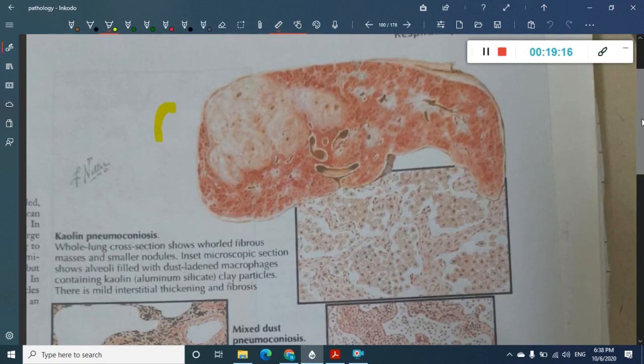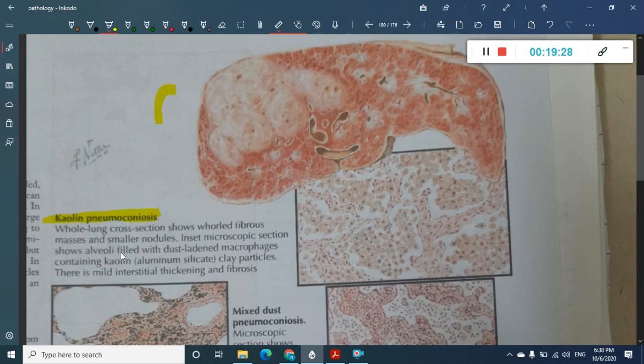Okay, we will see even the extra things. Not just these normal things we have done. These are abnormal things, like we have kaolin pneumoconiosis. Here it mainly occurs due to aluminum silicate. Okay, here also you are seeing these masses of tissue.